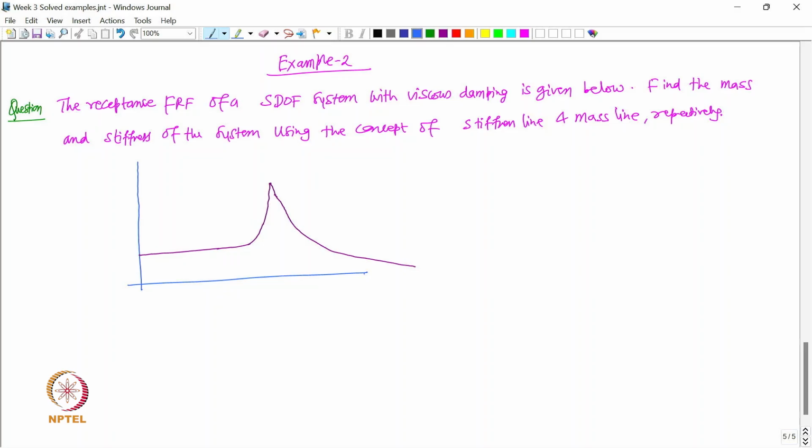This is the frequency axis. This is around minus 80 and minus 100. Okay, and then we have something like minus 10.